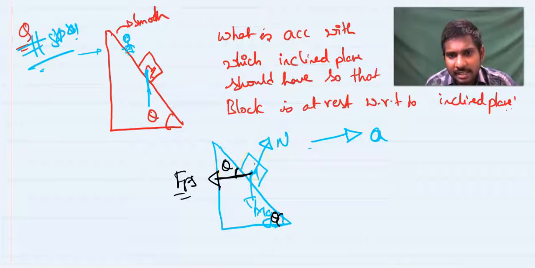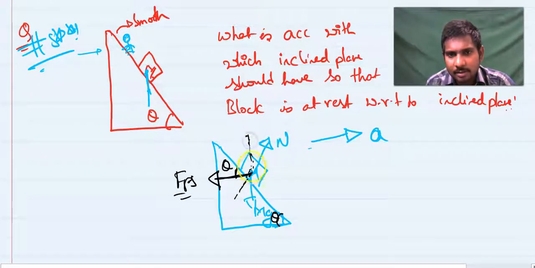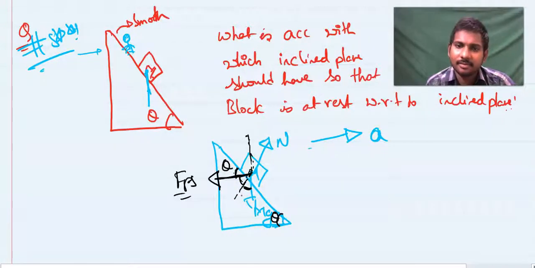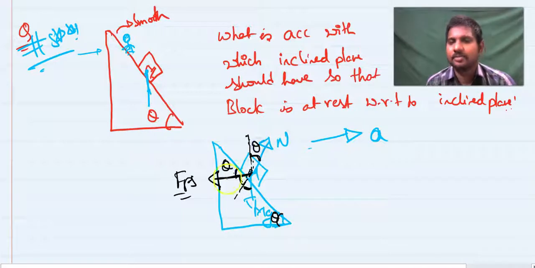And now you see this. Normal will be perpendicular to the surface. This is theta, this will become 90 minus theta, and this will become theta again. Vertically opposite angles.